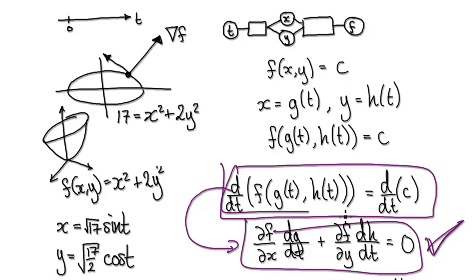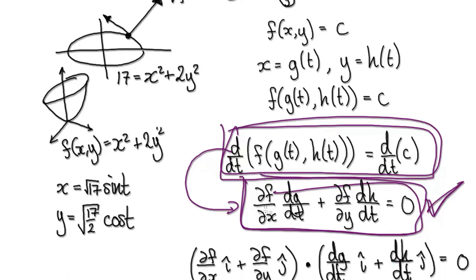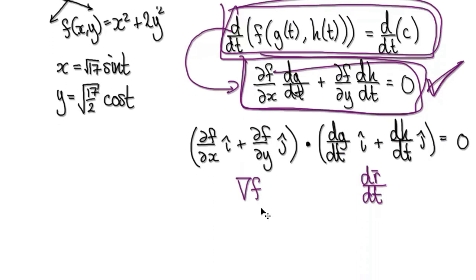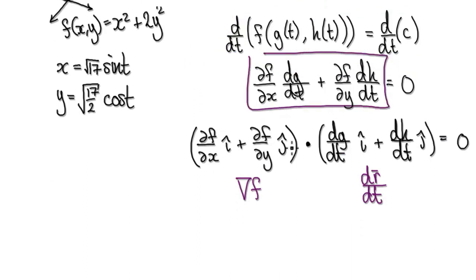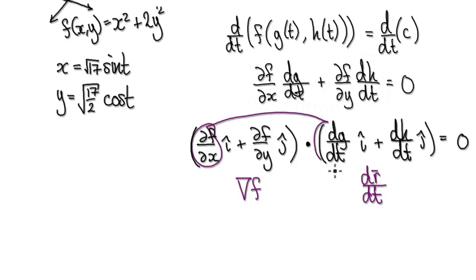Using the chain rule, that will take us to here, and once you're here, you realize that this thing here can be rewritten as the dot product, because when it comes to the dot product, it's this times this plus this times this.